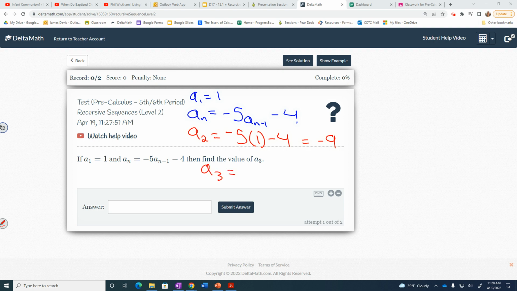A sub 3 is going to be, well, take our formula, negative 5 times the previous term, negative 9, minus 4. So this number here comes from here. That's positive 45 minus 4, so 41. That's our a sub 3. And if this was written out as a sequence, it would be 1, negative 9, 41.